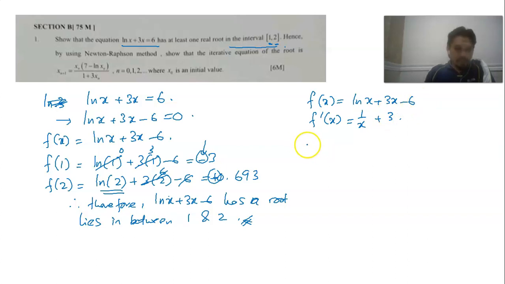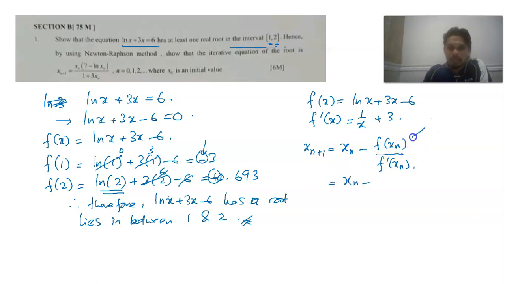So now x_{n+1} equal to x_n minus f(x_n) divided by f prime of x_n. Now x_n minus f(x_n), which is natural log of x_n plus 3x_n minus 6, divided by f prime, which is 1 over x_n plus 3.